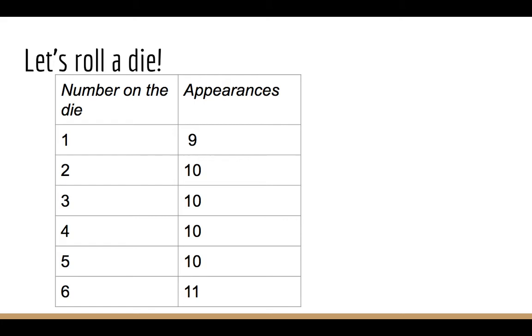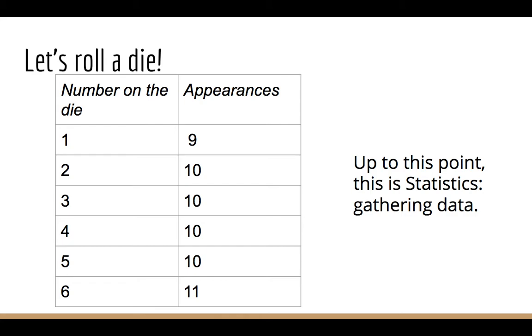Sometimes it checks out perfectly, sometimes it doesn't. And if you just look at this table, up to this point, this is just statistics. This is gathering data. This is an experiment you did, and the data that you gather. You can also use these statistics to try to approximate, to come up with a model.